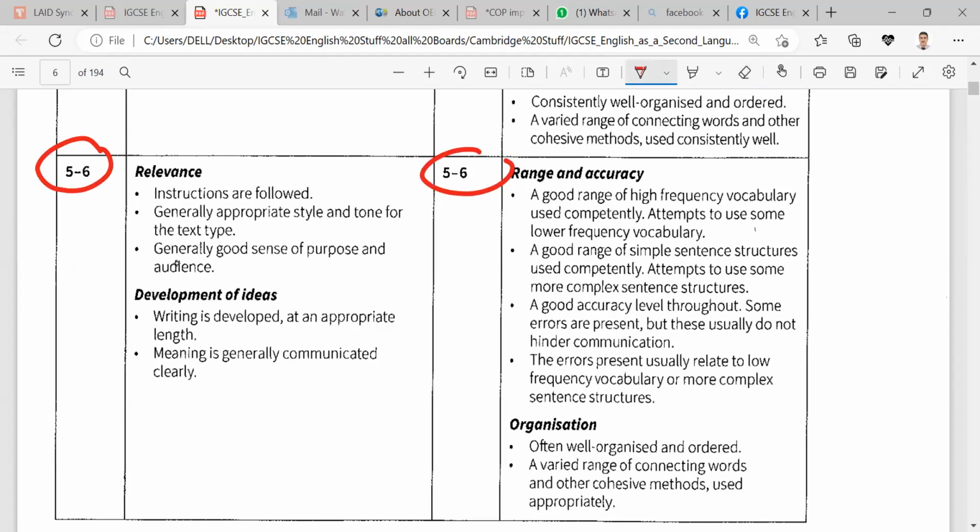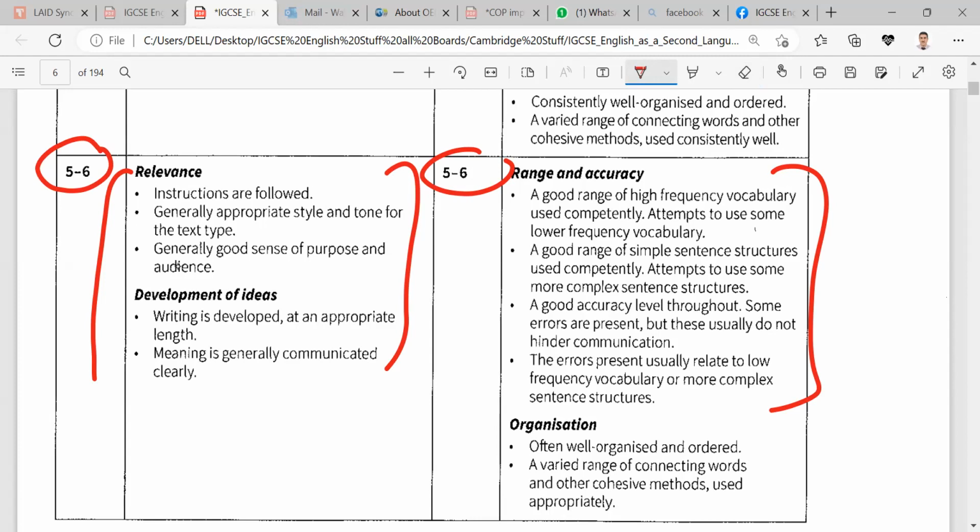So if the examiner gives you 6 out of 8 or 5 out of 8, here the rubrics are the same, but you may have some problems in your language. Okay?